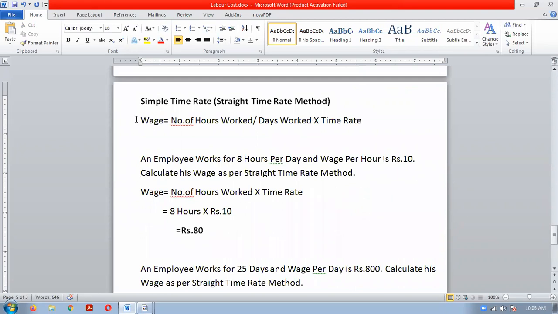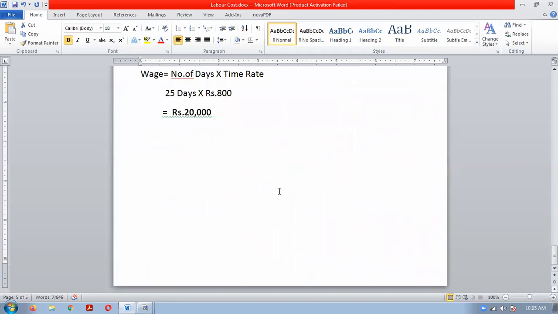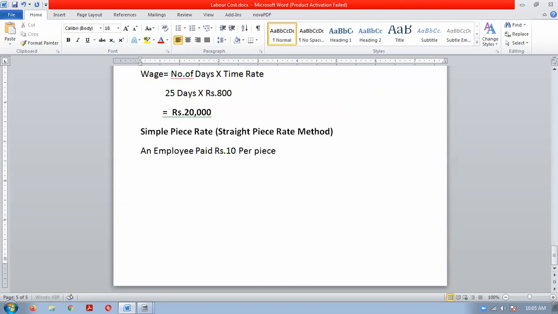Okay, one more method we will see. That will be the straight piece rate method. Instead of time, we will see piece rate. Straight piece rate or simple piece rate. An employee is paid rupees 10 per piece of article produced.